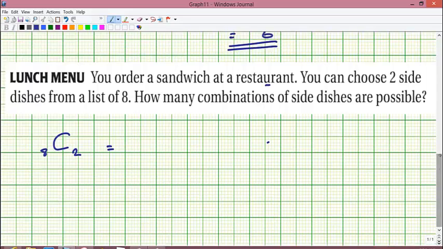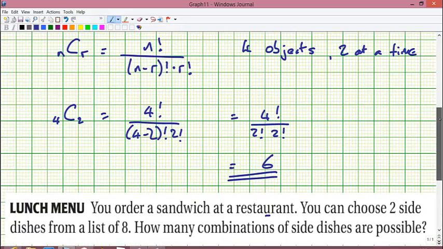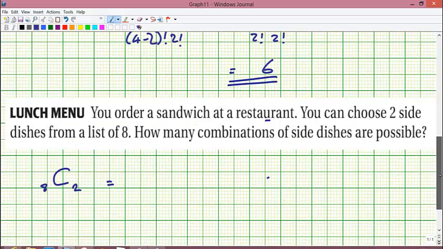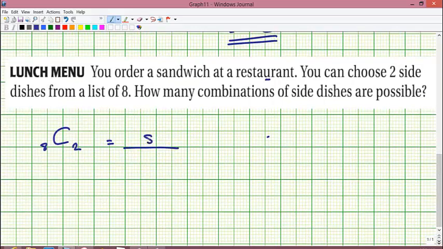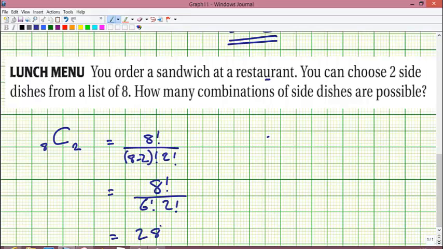So, going back to our formula, n factorial over n minus r factorial times r factorial, it becomes 8 factorial over 8 minus 2 factorial times 2 factorial. Let's simplify that: 8 factorial over 6 factorial times 2 factorial, and we calculate that, we get 28. Okay, so there are 28 possible combinations of 2 side dishes chosen from a list of 8.